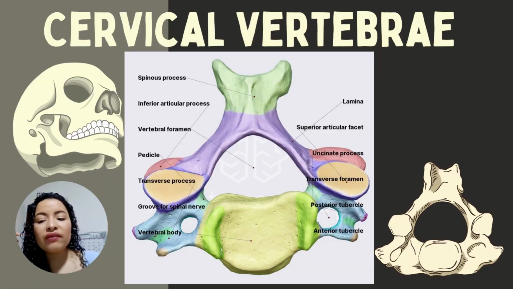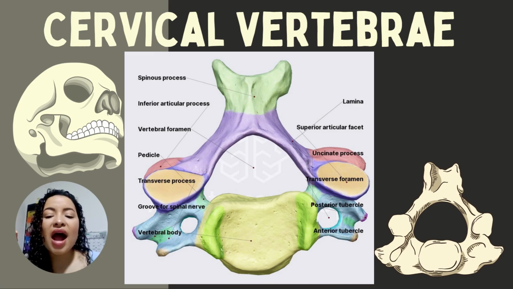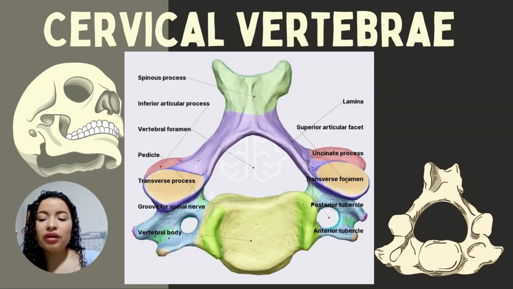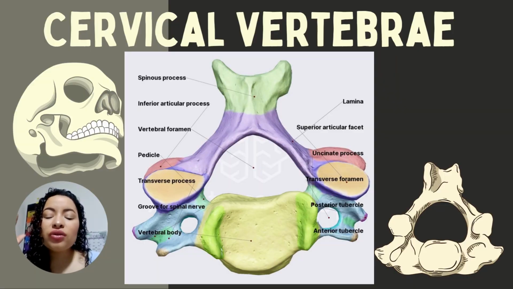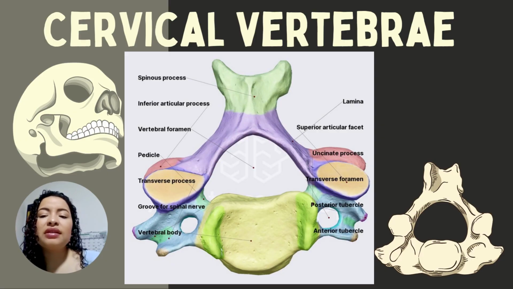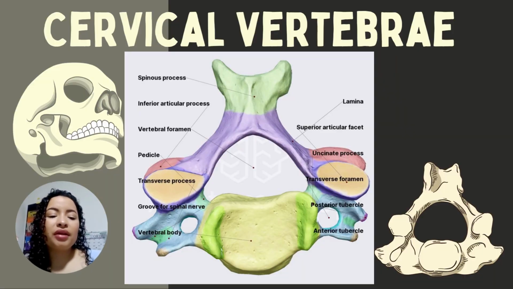These facilitate articulation with the atlas and aid in head rotation. The vertebra prominens has the longest spinous process. It is the most prominent bone at the back of your neck. The remaining cervical vertebrae, C3 to C6, are typical vertebrae.